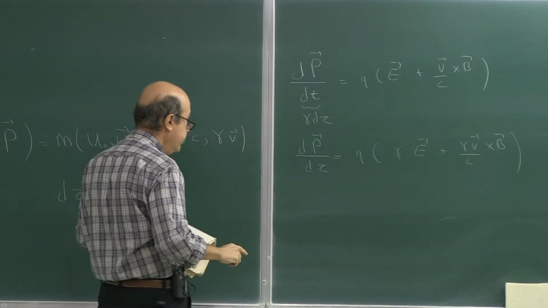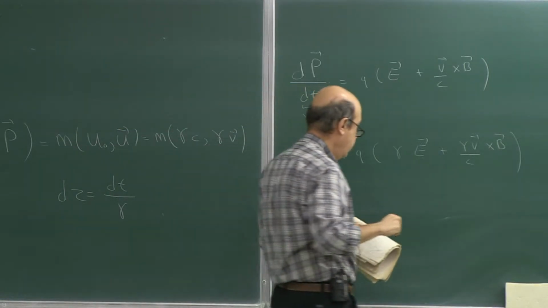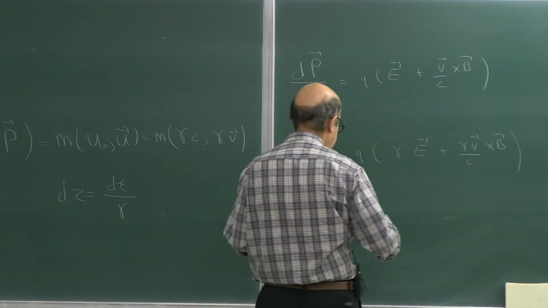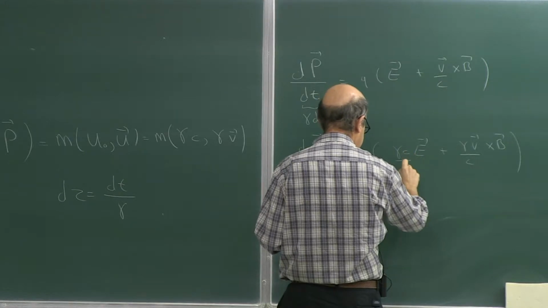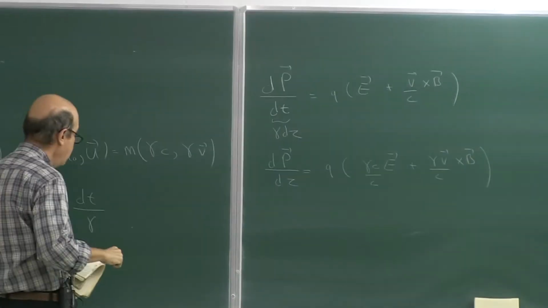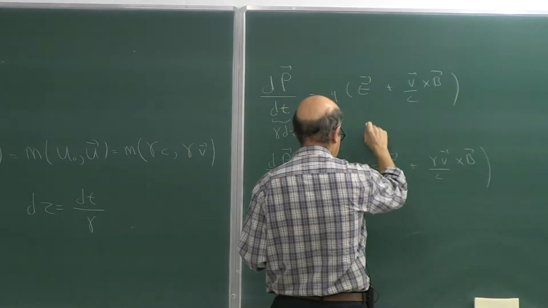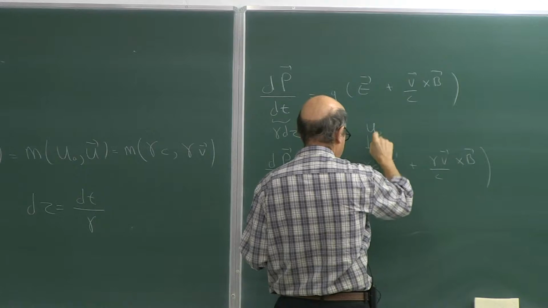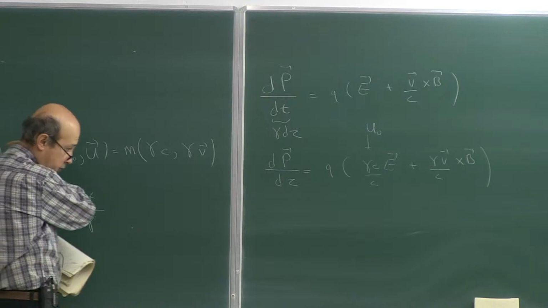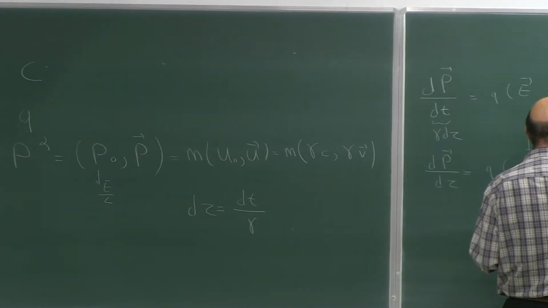Actually, we pick up a term gamma v, which is the space part of the proper velocity. If I multiply and divide by c, the first term will be the time coordinate of the 4-velocity, u0, and gamma v will be u.